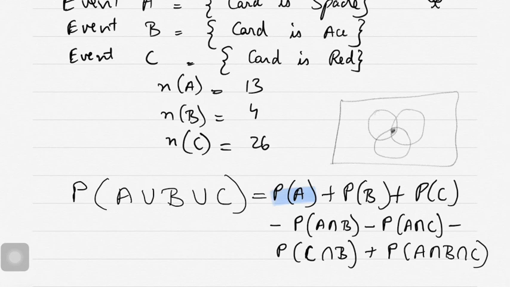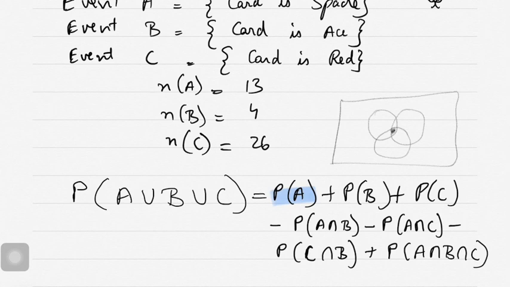Event A is card is a spade and event B is card is ace. Spade has 13 cards: ace, 2, 3, 4, 5, 6, 7, 8, 9, 10, and then Jack, Queen and King.